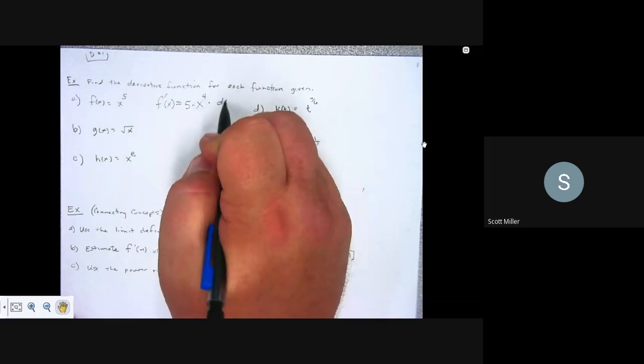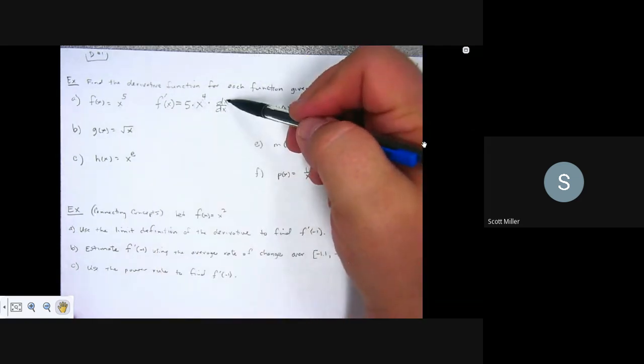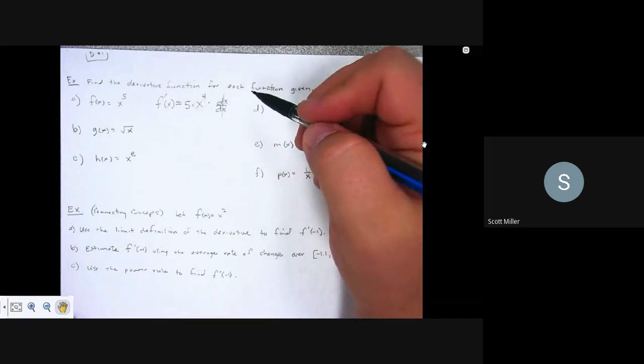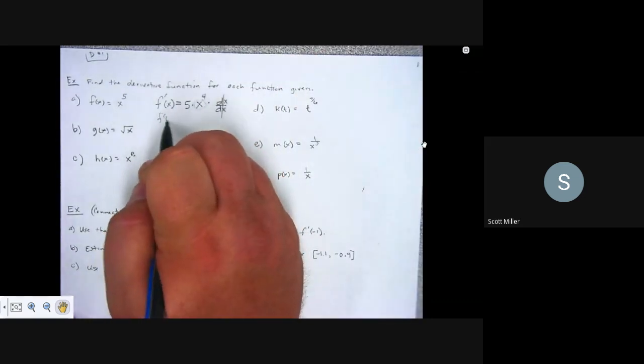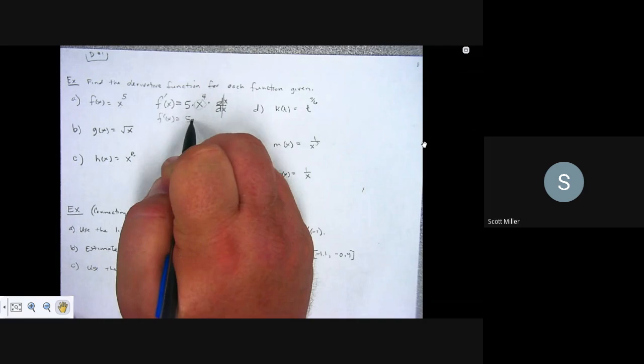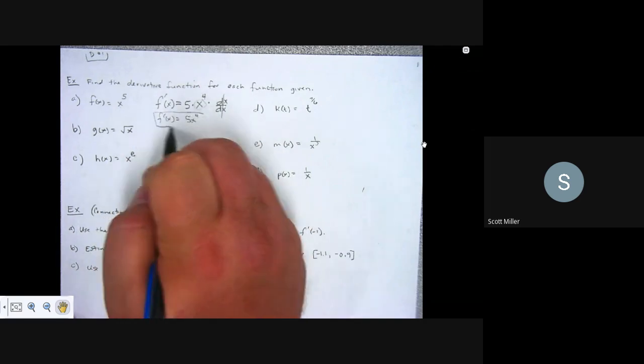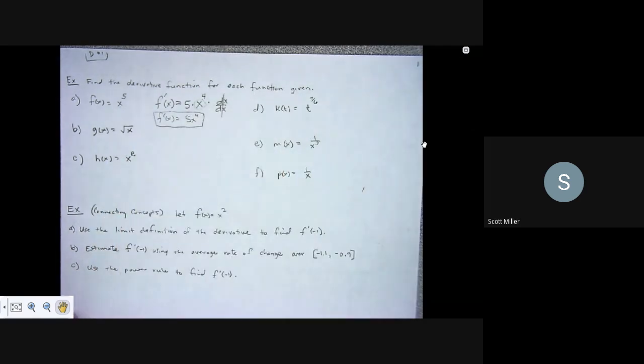What is the derivative of x with respect to x? Well, if you look closely at it, dx divided by dx is simply a 1, correct? And so this right here becomes our derivative. F prime of x is simply 5x to the 4th. And there you go.